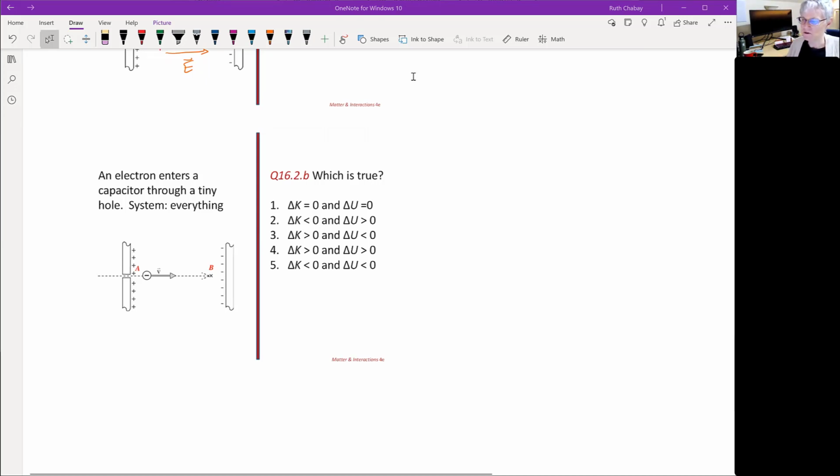So which of these choices is now correct? And this time you overwhelmingly voted for answer 2, which is correct. Let's see why.